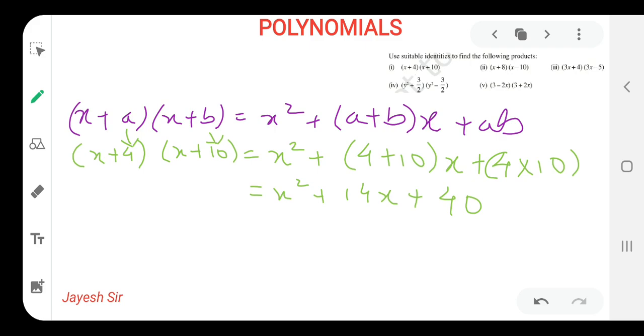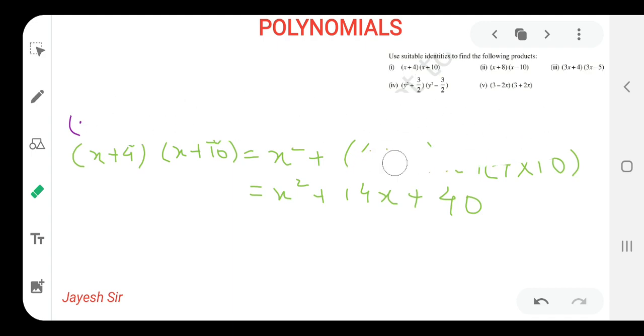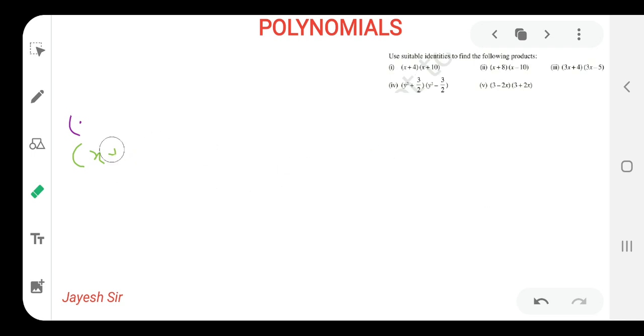Similarly, you can solve the second sum on your own. Here you have to pause the video and try to solve it yourself. That is also easy, friends. If you have learned by heart the formulas that were given to you in previous classes, then you would easily be able to solve it on your own. The same formula applies in this sum also.